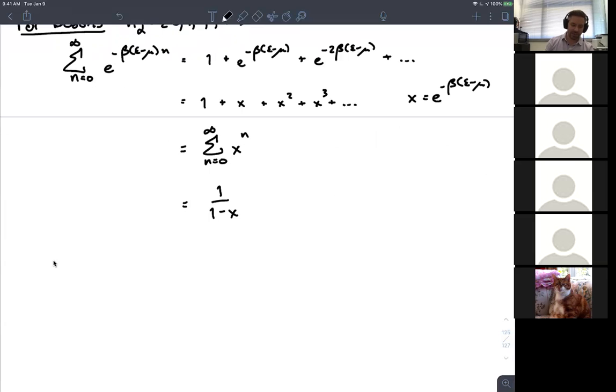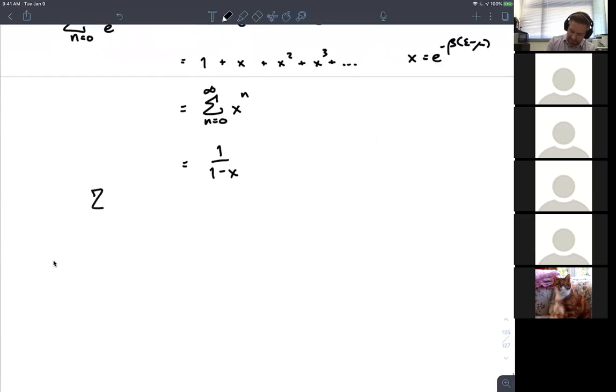So our single energy level partition function for bosons is equal to 1 over 1 minus e to the minus beta (epsilon minus mu). That is our single energy level partition function for bosons.